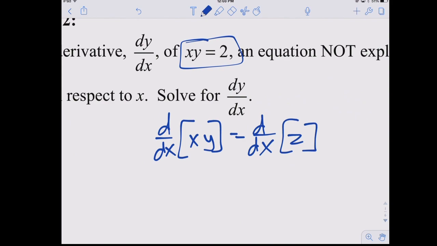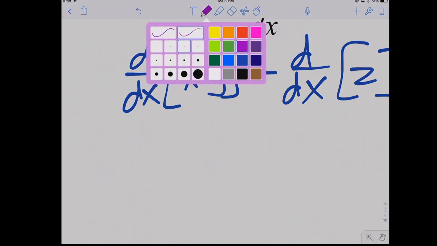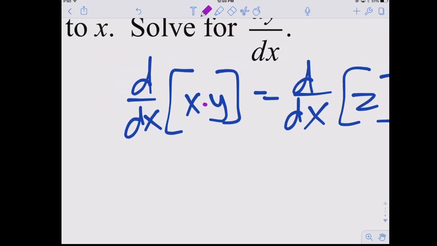There's no dy dx going on at that moment. Now on the left side, notice we have an x times a y. That is a product of two variable functions, yes? Do we have a rule for such an occasion? The product rule, yeah. So let's go ahead and take the derivative using the product rule.